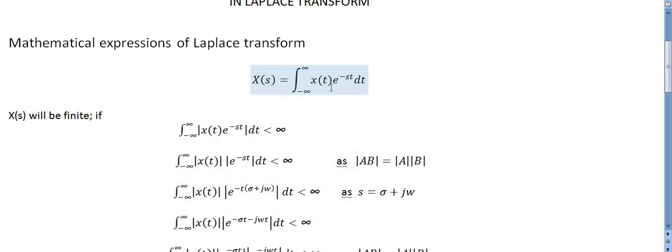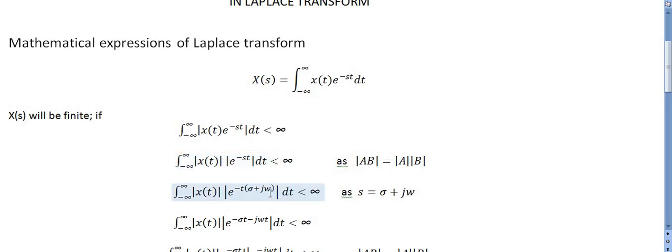That means if you take the absolute value of this integration, you should get that value less than infinity. So here we have applied the absolute value. After that we split the mod value into two, mod x(t) into mod e raised to minus st.